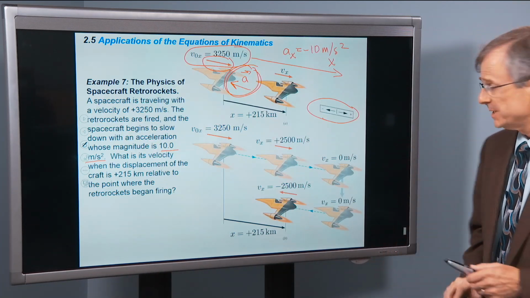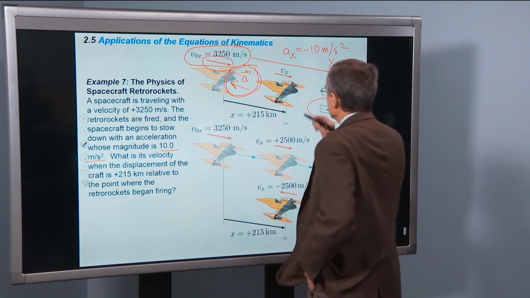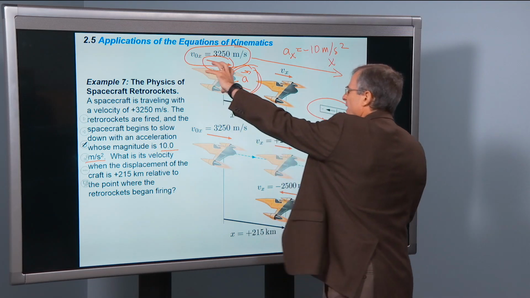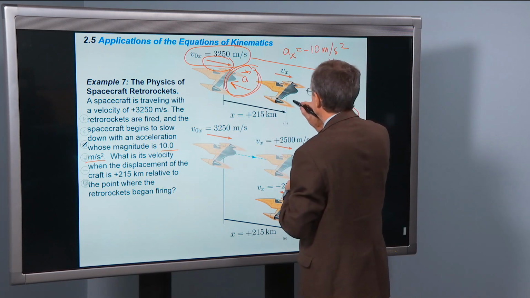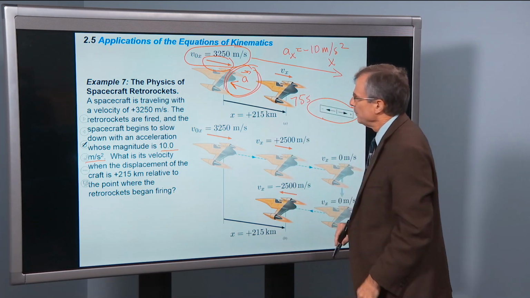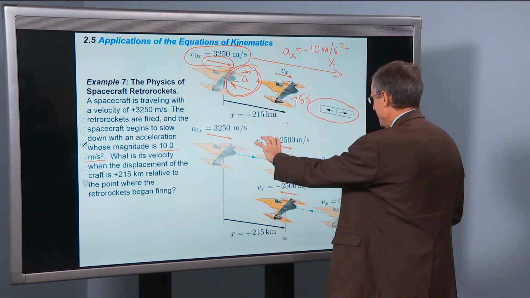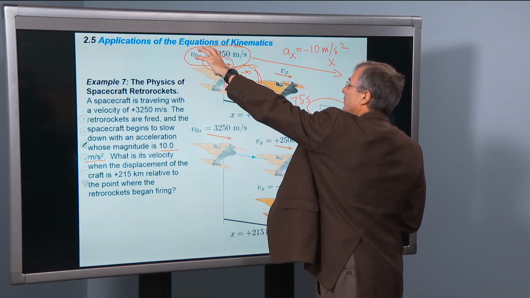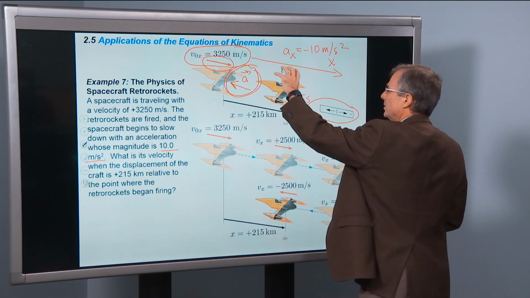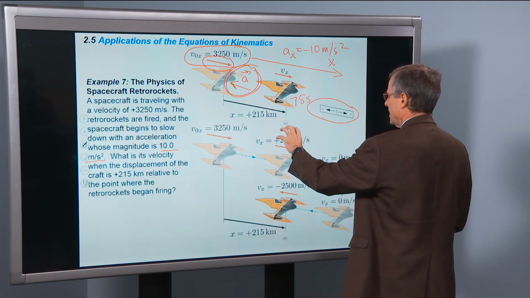The answer is there's physics in this. After 75 seconds, the spacecraft gets to this 215 kilometer point, but it's still slowing down. So here it's going 3,000 meters per second, here it's going 2,500 meters per second.